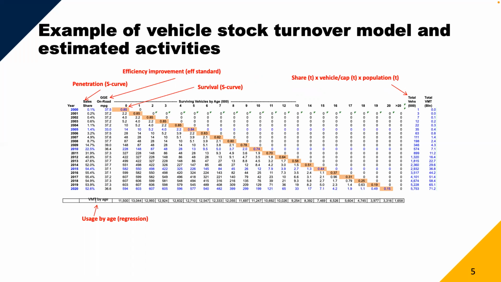And then we can look at the survival curve that gets generated based off of some of those stock turnover parameters. And the total vehicles ends up looking something like this. And that's based on this calculation of your share within the population.